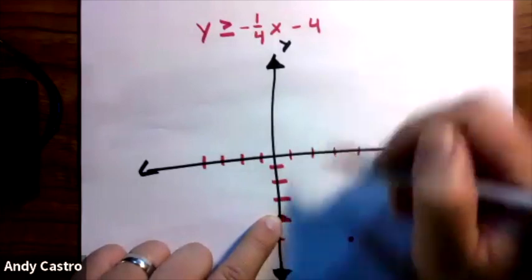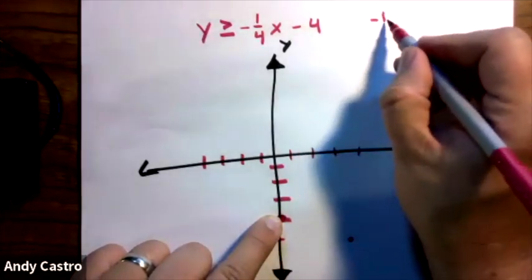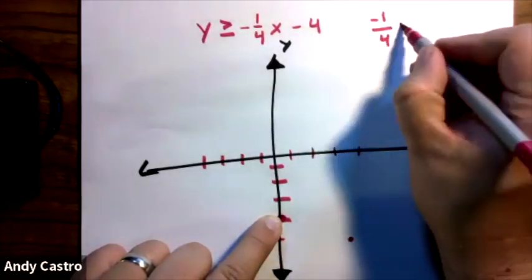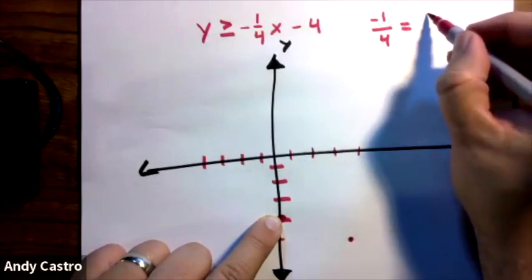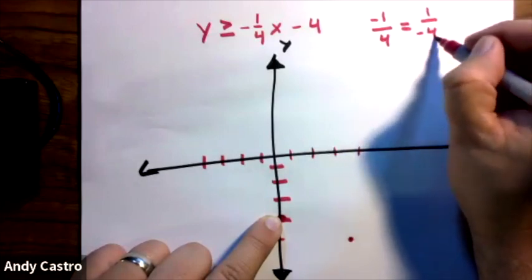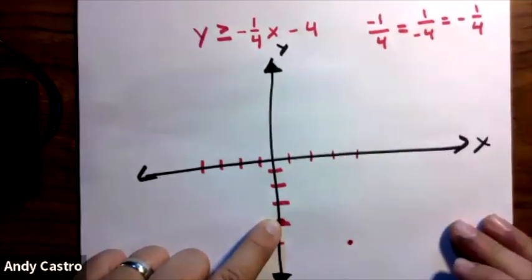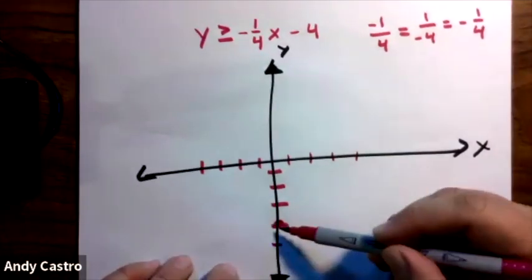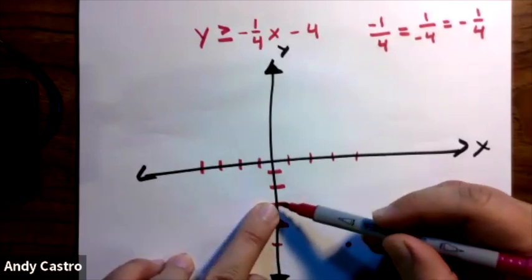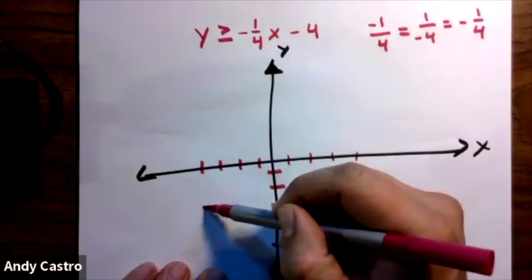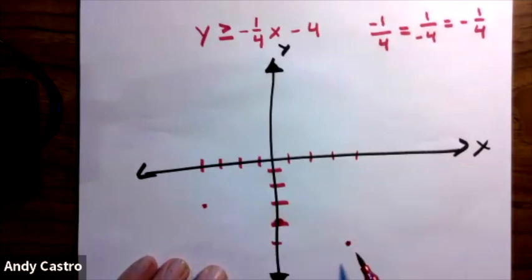And remember, going down 1 and over to the right 4 is the same thing as going up 1 and to the left 4, because they both are -1/4. So if I go up 1 and over to the left 4, that's right there. So those are my 3 points.